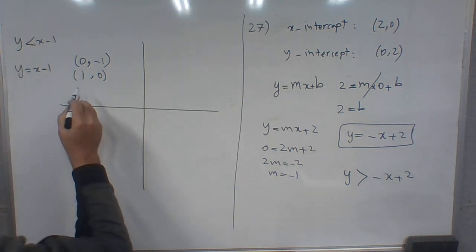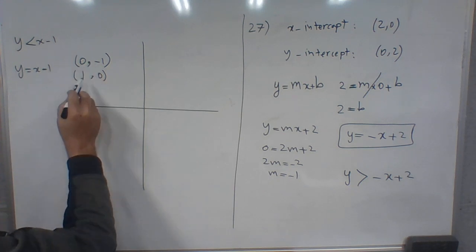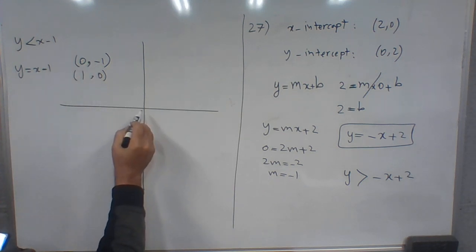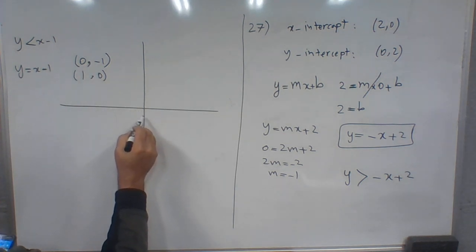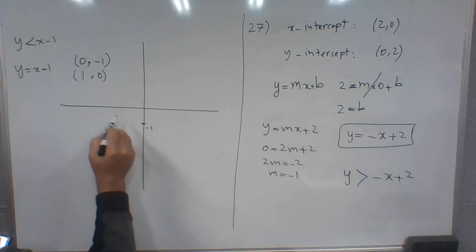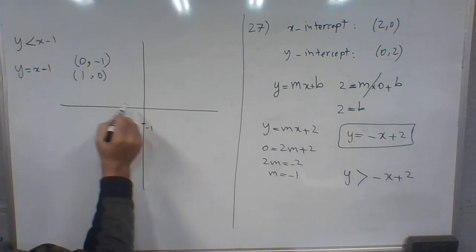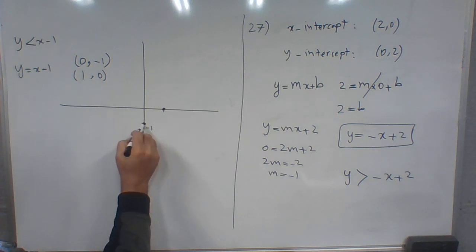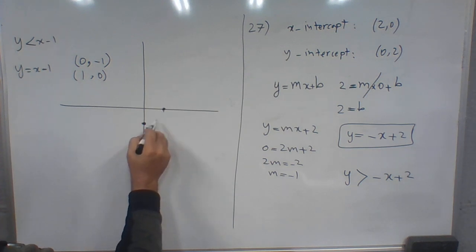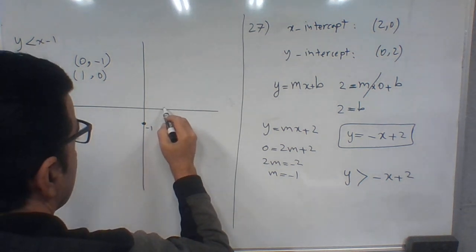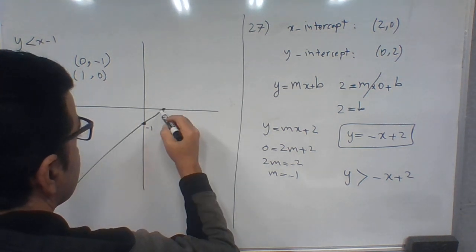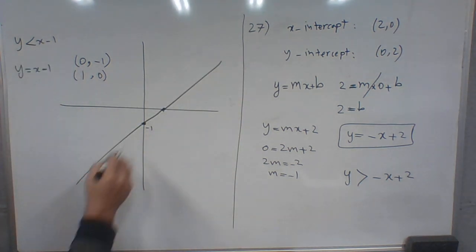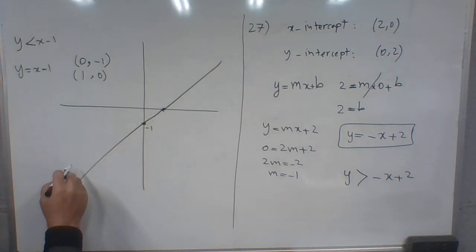So these are the y-intercept (0, negative 1) and the x-intercept (1, 0). By connecting these two, we see that this is the line y equals x minus 1.